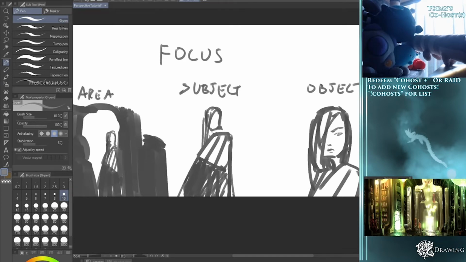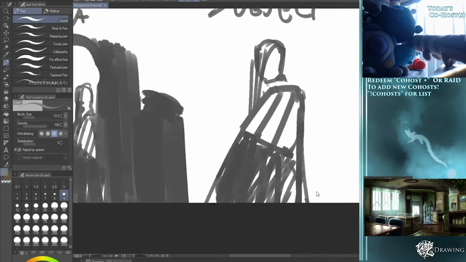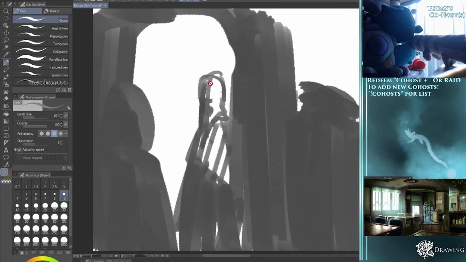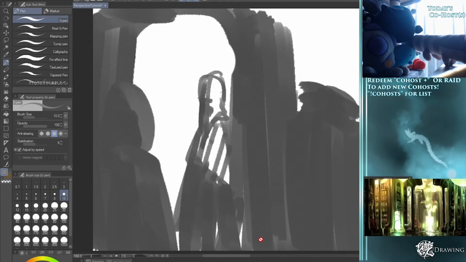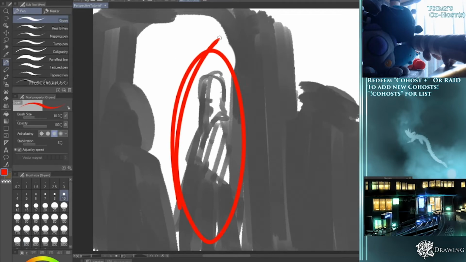Now, one interesting thing about focus is it can operate at many different levels. Let's take like a big composition here, right? You've got the character in the foreground, you've got a character in the background, you've got a bunch of stuff in the dark. I would argue that in this case, the focus could be understood as being all of this, right?